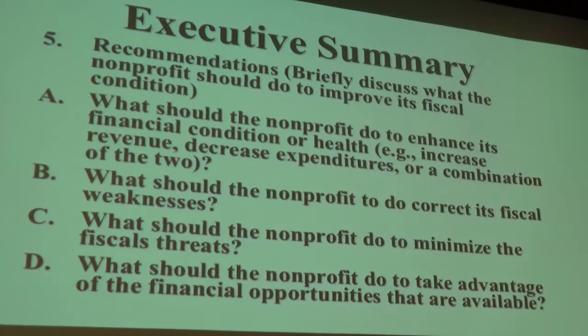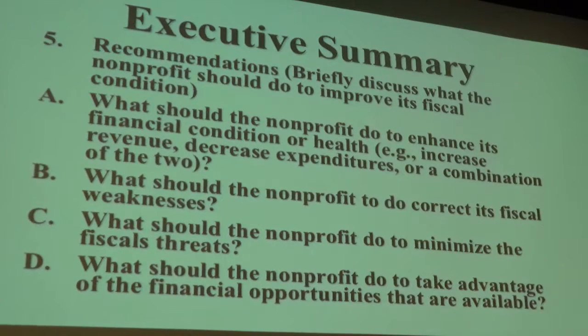Does that also mean that it needs to acquire or hire grant writers or individuals that do fundraising? Does that also mean that there needs to be some type of corrective action to control expenditures? That could be scaling back the programs and services that are being offered.